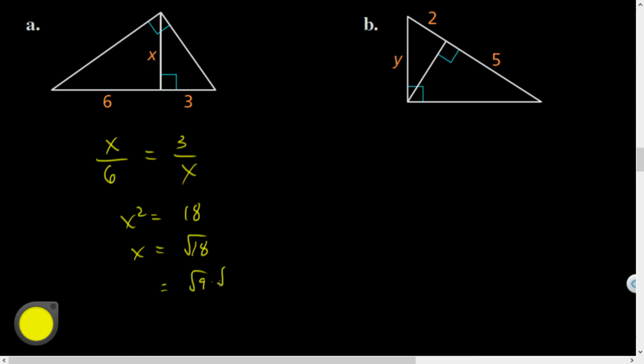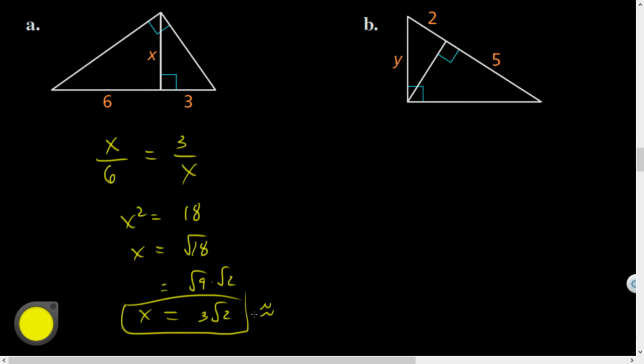Square root of 9 times the square root of 2. 3 rad 2 is exactly it. And yeah, you estimated 4 something. Why do you estimate 4 something? Yeah, the square root of 16 is 4, and 18 is a little bit bigger than 16. The next perfect square is 25.